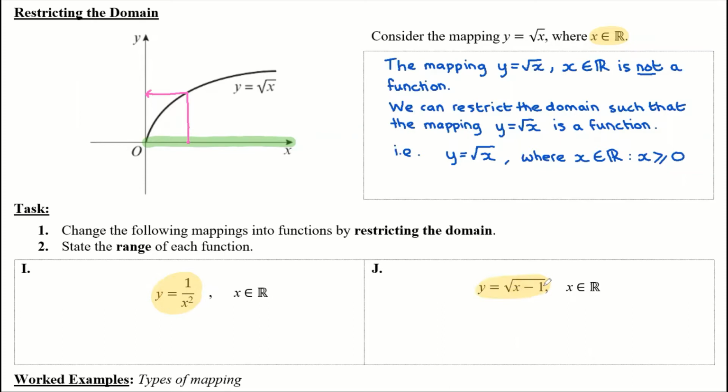And again, I've suggested all real numbers there. So they're mappings. They could be partial mappings or full mappings, we don't know. But I would like you to make those into functions by restricting the domain. And you can do this by sketching the graph. If you can sketch the graph, it will reveal the answers very, very quickly. So please pause the video and try those restrictions of the domain.